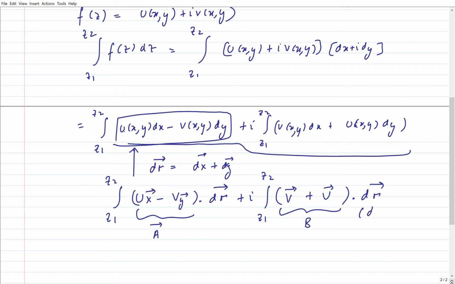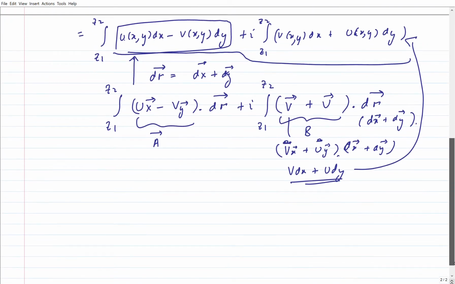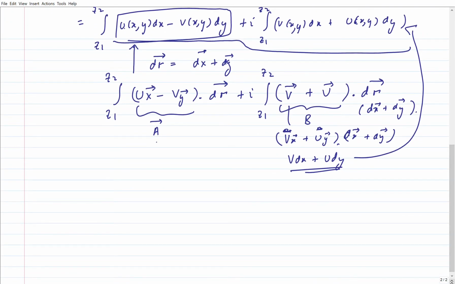I can write dr again as dx plus dy, and this was some v x plus u y, times dx dy, dot product, and when I evaluated it gave me v dx plus u dy, which was precisely the form I needed. But the bottom line is that this is some vector a and this is some vector b, and I am evaluating this integral, so I can use the Stokes theorem.